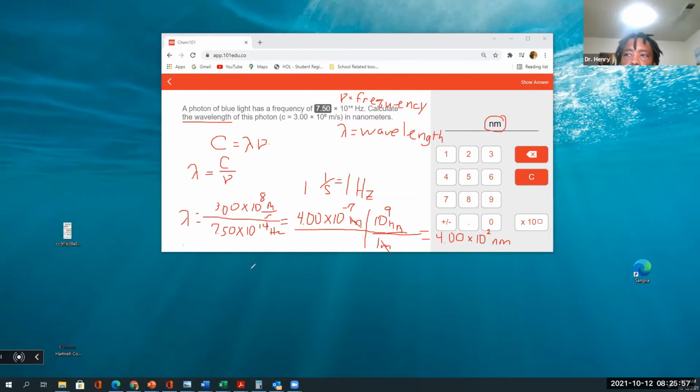Like I said, I always remember 10 to the 9th nanometers equal 1 meter. I know 1,000 millimeters equals 1 meter because I know mil in Spanish means 1,000, right?